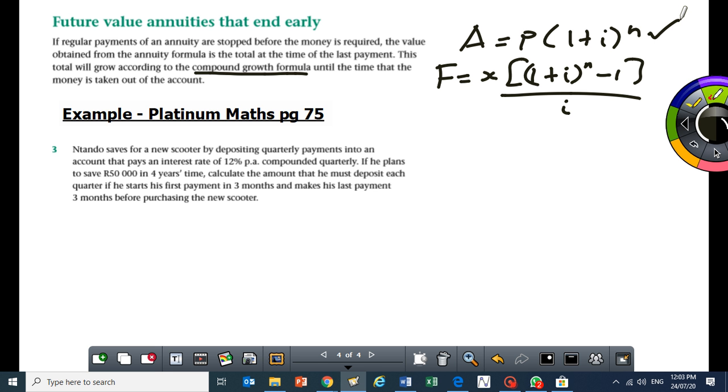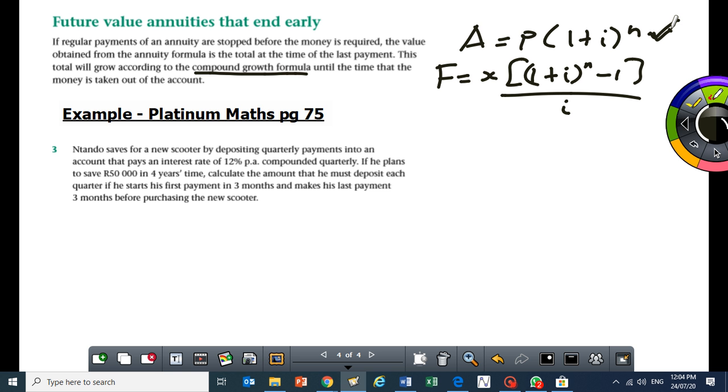You can even skip some months, or you can put money which is different in terms of value. With the future value annuity now, the amount which is deposited or paid into the account has to be the same throughout. But the moment you decide to stop paying, the total amount of money is going to be calculated together with the interest, and from that point onwards, after the last payment, the total amount in that savings account will accumulate interest based on the compound interest formula, which is that.